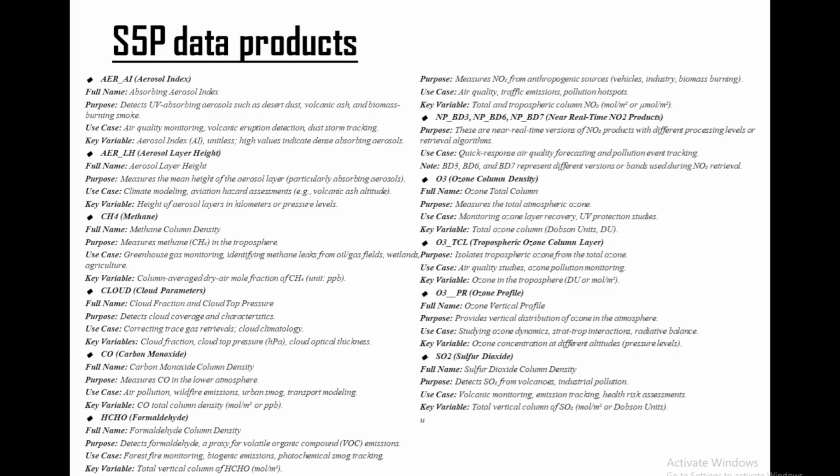So once you go to Copernicus Open Data Hub portal, you will see these different types of level 2 data products of Sentinel 5P. First is aerosol absorbing aerosol index, AER AI, or aerosol index. The purpose of it is to detect ultraviolet absorbing aerosols such as desert dust, volcanic ash, and biomass burning smoke.